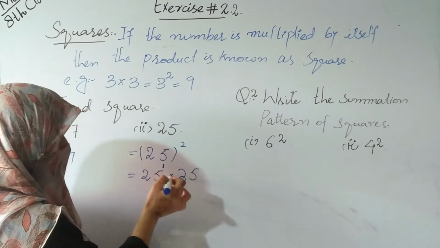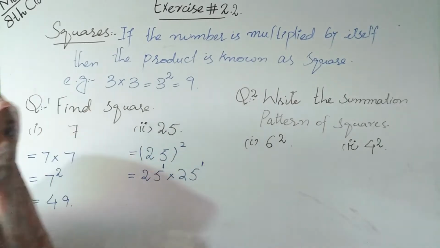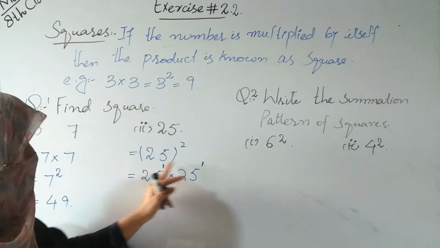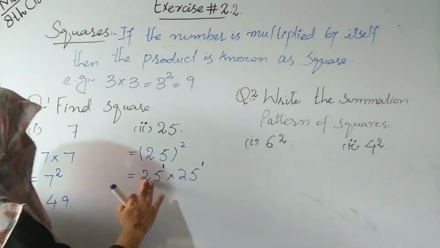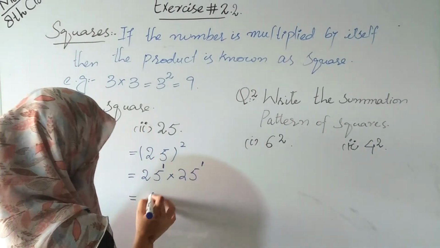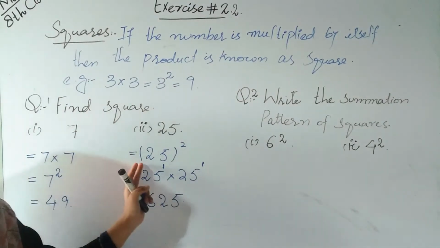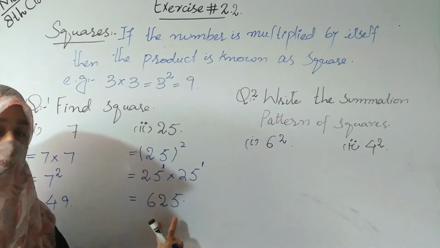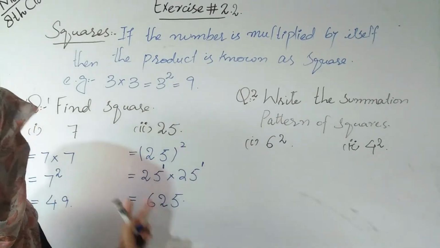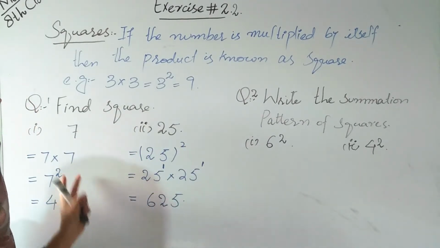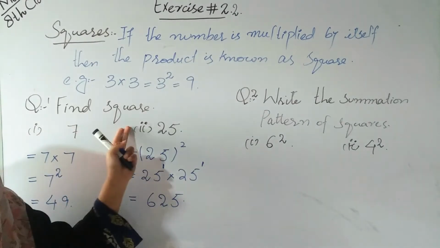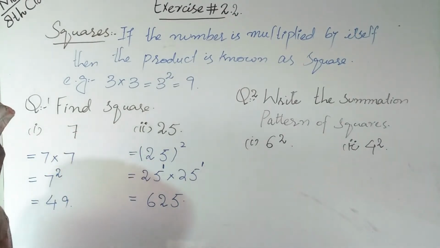Power 2 means 25 power 1, 25 power 1, and 1 plus 1 is 2. 25 multiplied by 25 is equal to 625. So the square of 25 is equal to 625. These are the methods for finding the square of numbers.